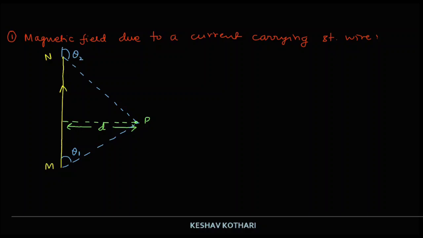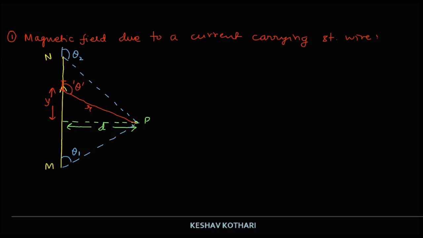Now in order to calculate the magnetic field at point P, at a certain distance y from this point of intersection, I am selecting the current element, and this is the distance r from the current element, and we are going to use this angle theta.